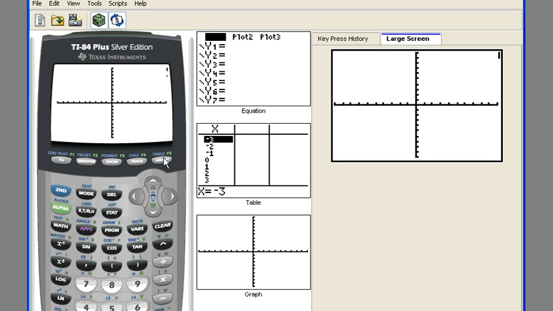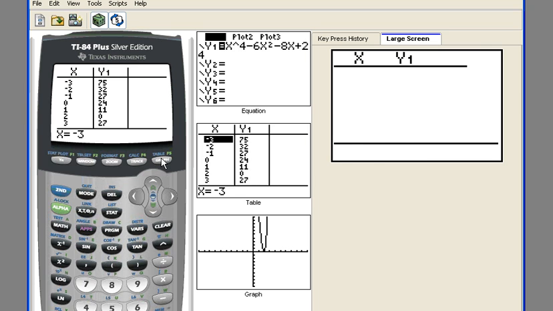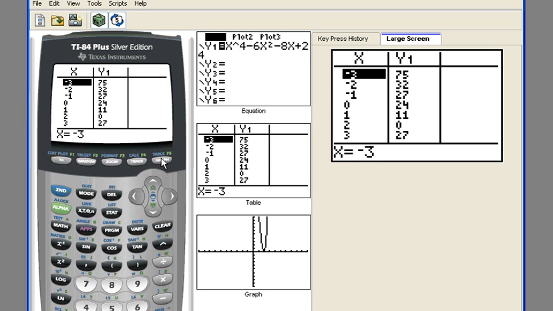Let's get a graph and see if we can find any rational zeros from the graph of this function. I'm going to go to the table, see if it shows me any.